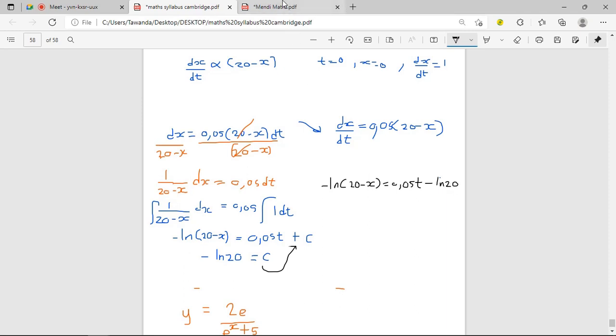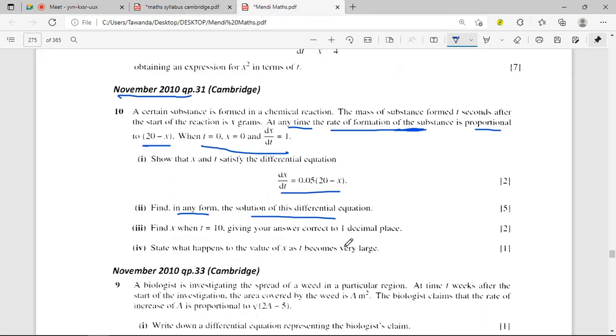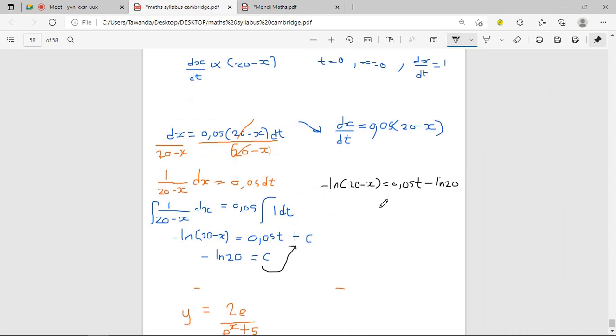The question is just saying find, in any form, the solution of the differential equation. So the moment you substitute the value of c, it is now your particular solution. One can say this is my format, so this is my answer. It will be okay with that.